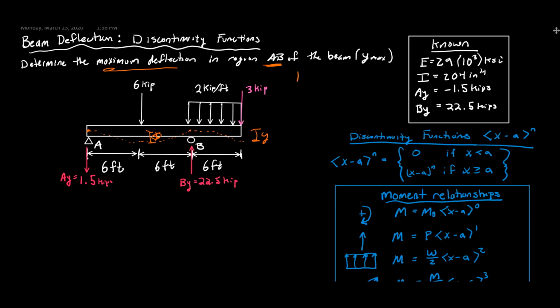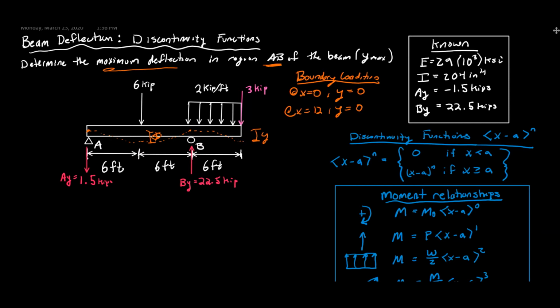Before we even do any math here, our boundary conditions: for this beam, at x equals 0, so at A, my deflection, that's y, is equal to 0. And I also know at the other support, so at x equals 12 feet, my y is also going to be equal to 0.